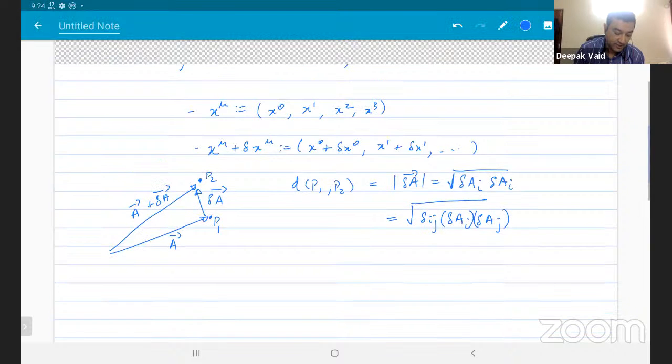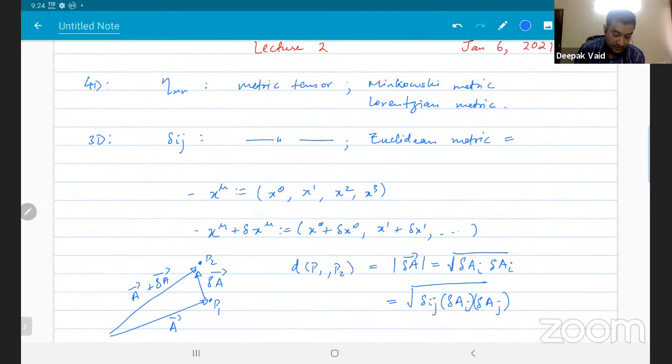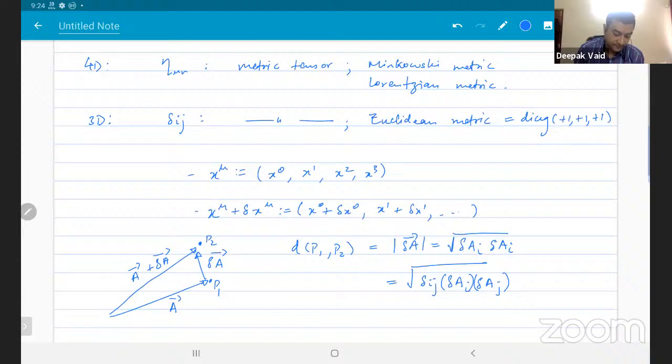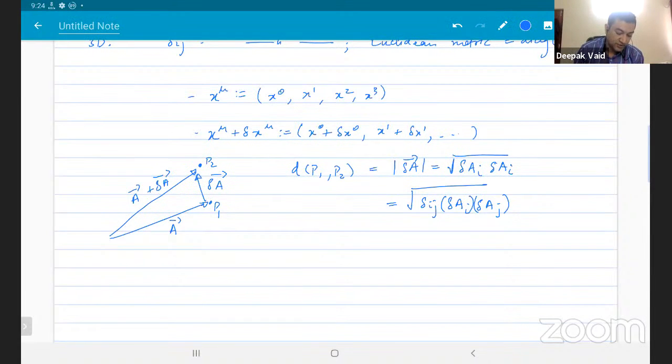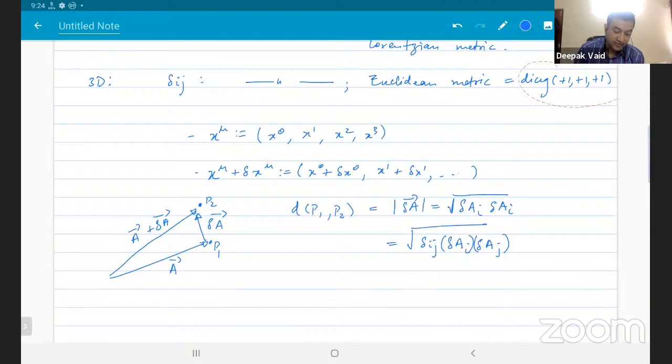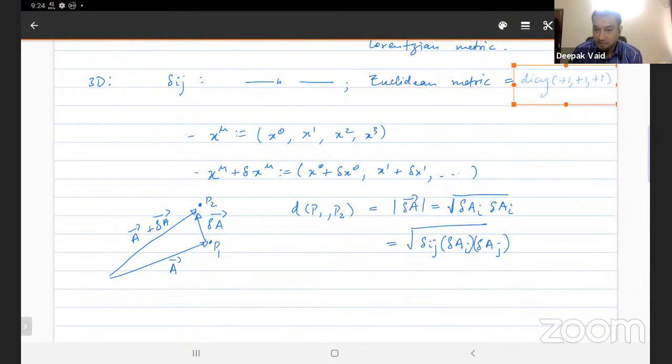So this is delta ij. What is delta ij? This is just a diagonal matrix 1, 1, 1. So this is the usual length of a vector. Again, this is nothing surprising. We know this. Of course, this is the expression for this metric tensor in Cartesian coordinates.